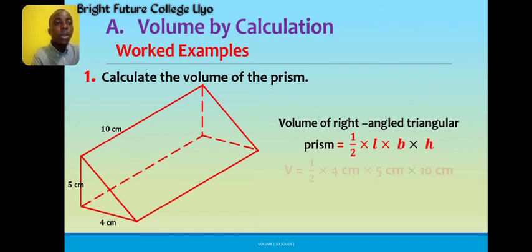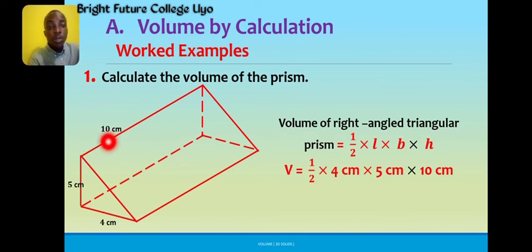L is 4, this part is 5, and this part, if we rotate it so it's sitting on the base face, will be the height. So that's why here is 10.